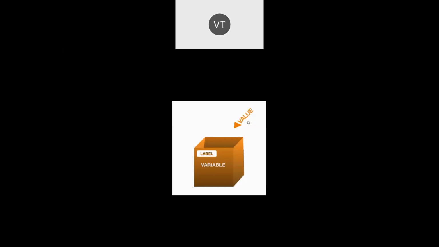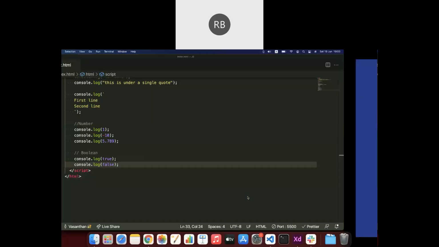A variable is just a box which is going to contain a value. It can be anything. So we have the value here, we take that value and drop it into that specific variable, and now this box is going to contain that value.